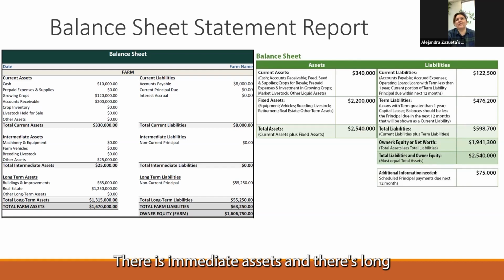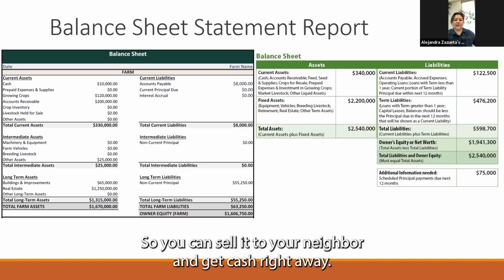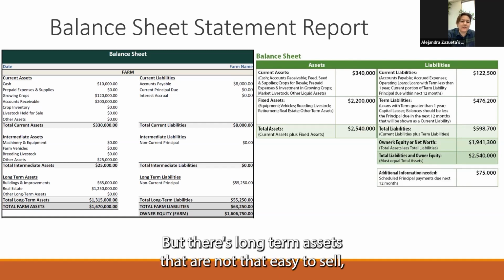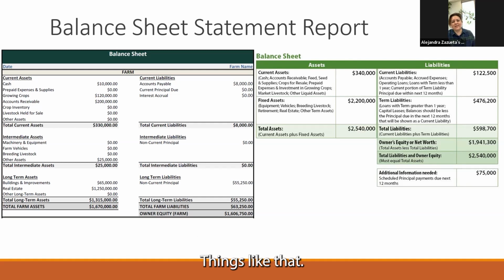There's immediate assets and there's long-term assets. Immediate assets are things like equipment. Like I said, you can sell it to your neighbor and get cash right away. But there's long-term assets that are not that easy to sell, like a building or an investment or a bond, things like that.